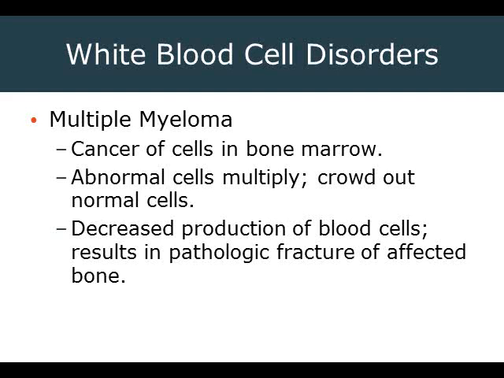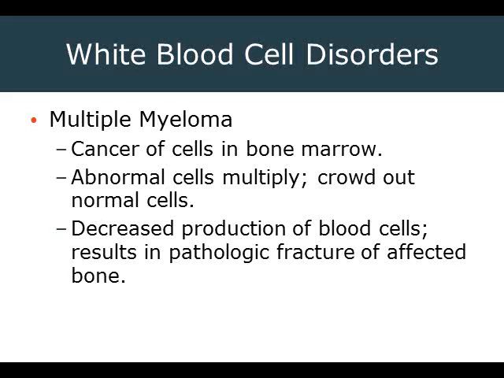Multiple myeloma. So multiple myeloma is cancer cells in the bone marrow itself, and this causes the cells to abnormally multiply and crowd out the normal cells. It results in abnormal production of blood cells and can cause pathologic fractures of the affected bone, basically meaning that it's starting to really damage the structure of the bone and the associated parts of it.